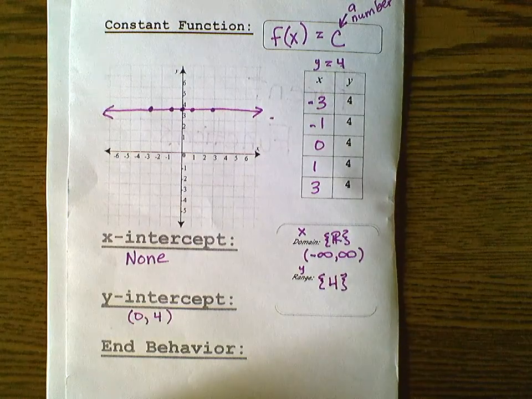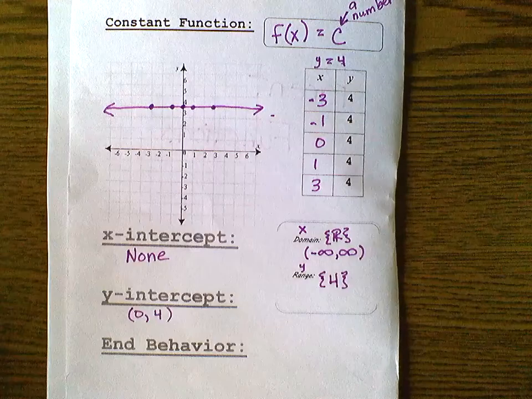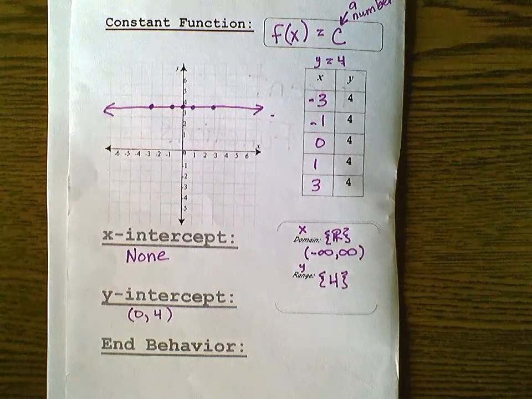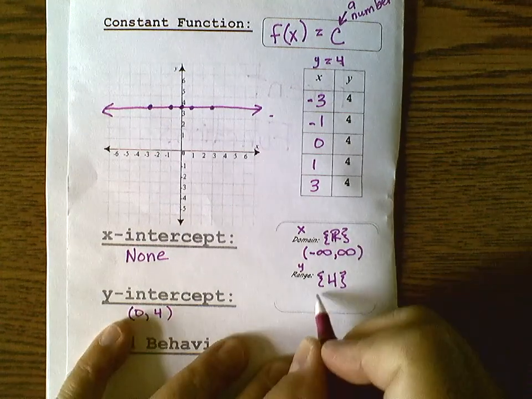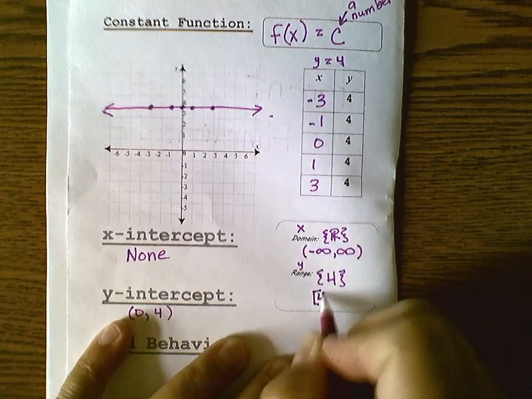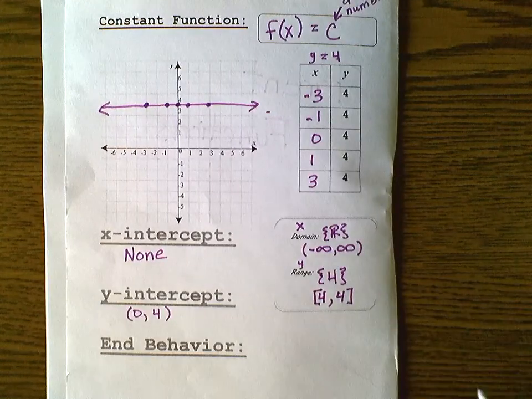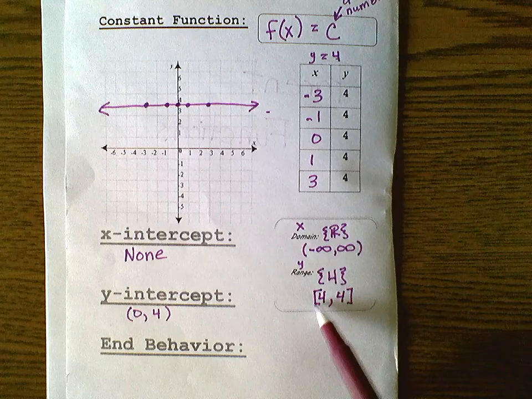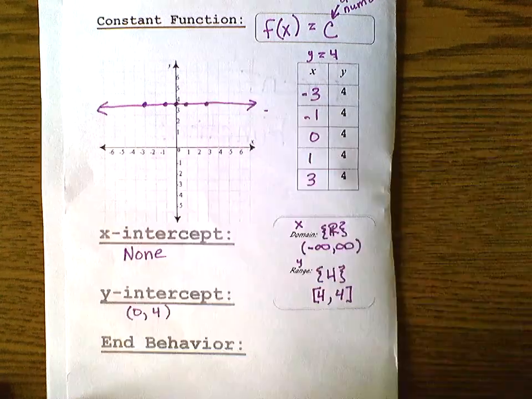And in interval notation, from 4 to 4. Notice this time we used square brackets because 4 is an actual point on our graph.